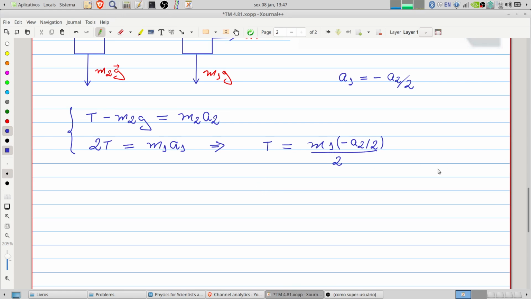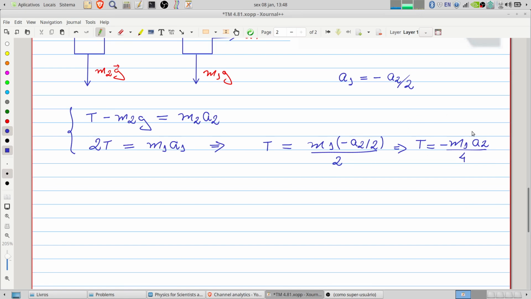Therefore, we will have the tension equals minus m1 a2 divided by 4.